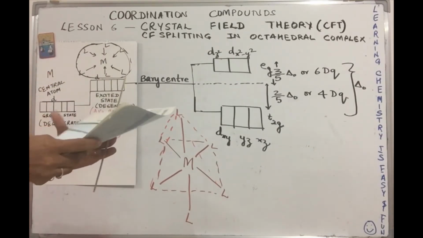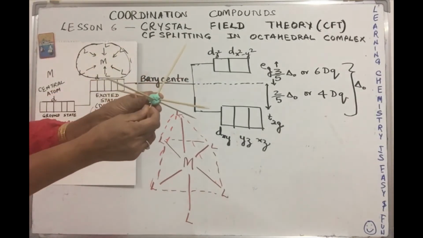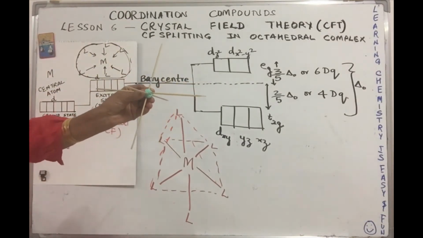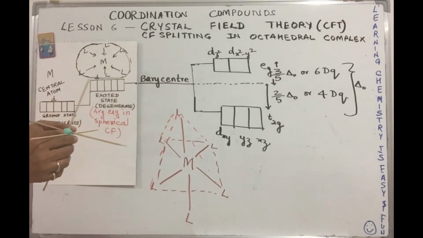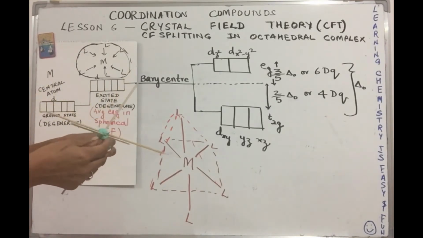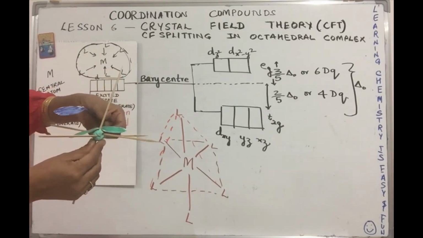Now, the second step you need to understand is the orientation of these ligands. So, I've got these 3 axes mutually perpendicular to each other. In this case, 3 of my orbitals are arranged away from the approach of the ligand.